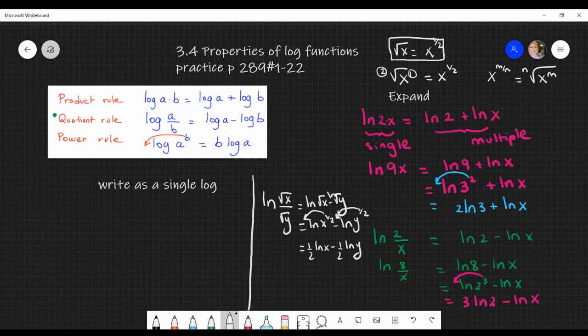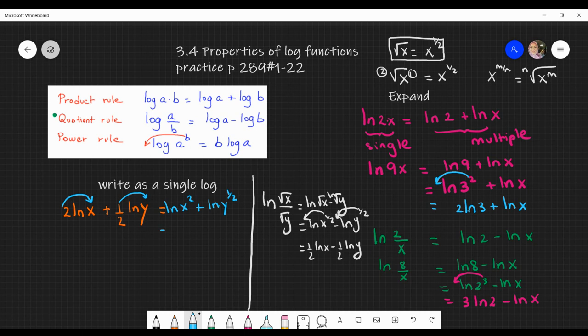Now, let's see how we could do it the opposite way, where we could go from multiple logs to a single log. And I'll give this example. It could be a little bit more simple to walk backward with that process. So I see a number next to the log. I can push it up as an exponent, which gives us x squared and y to the power half.